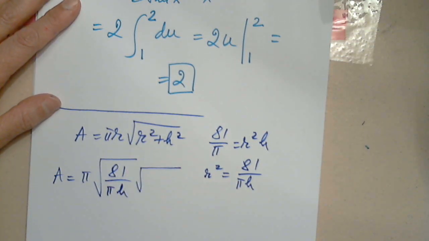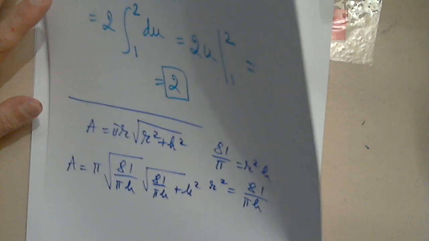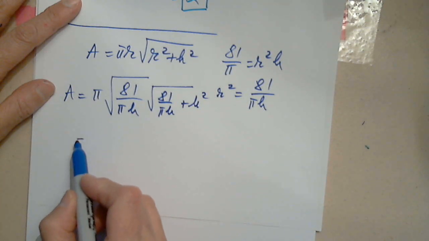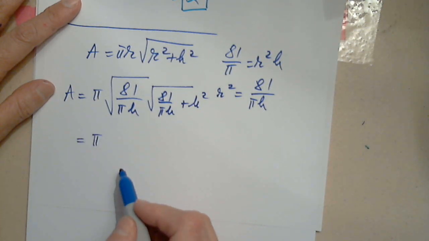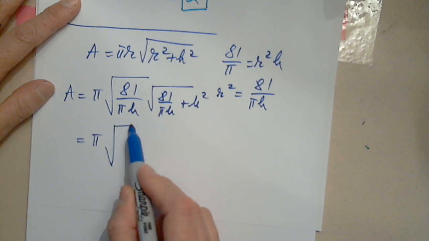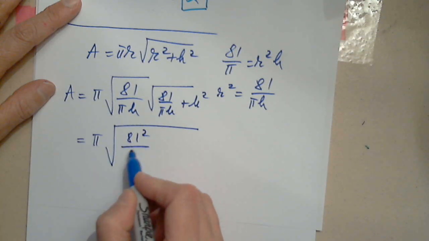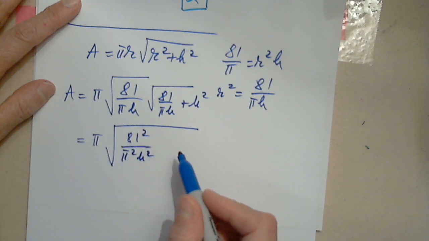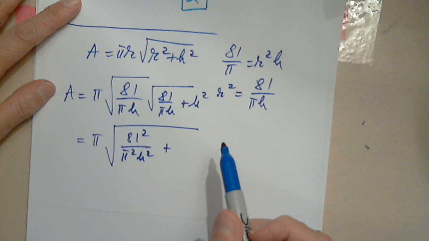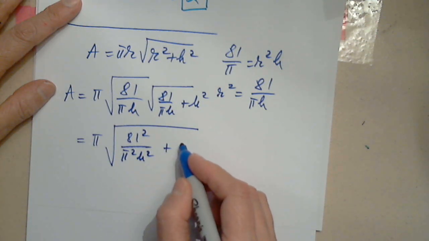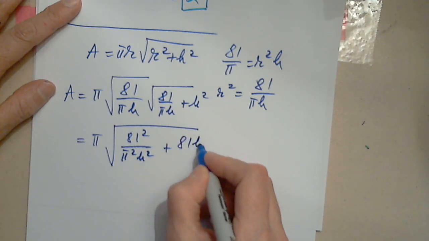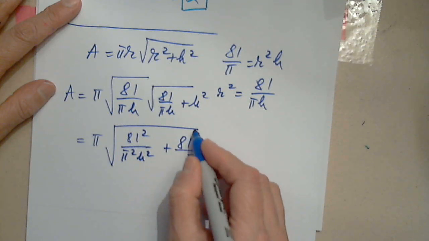And this will be the square root of 81 over pi h plus h squared. Pi, the square root of 81 squared over pi squared h squared plus 81 h over pi.